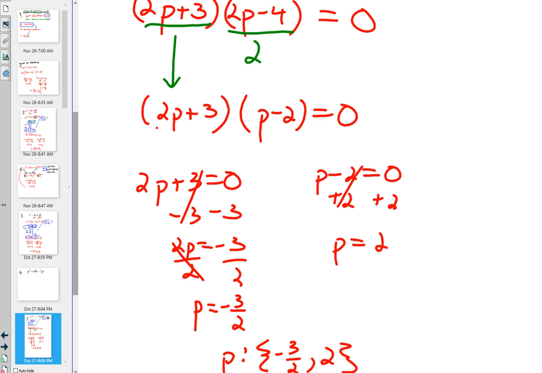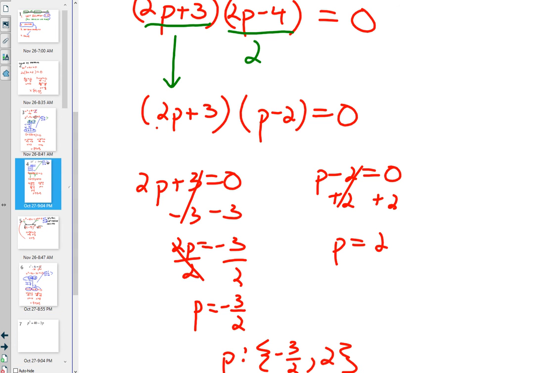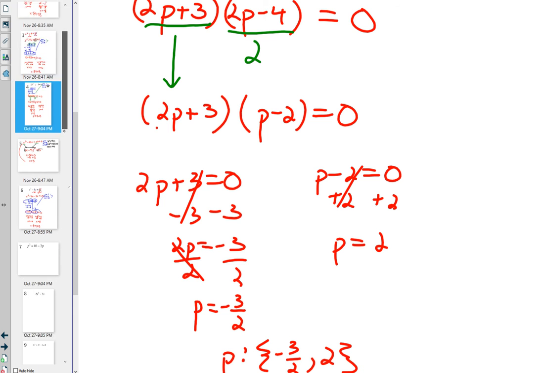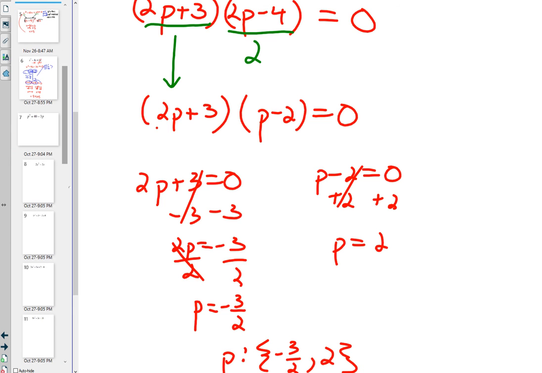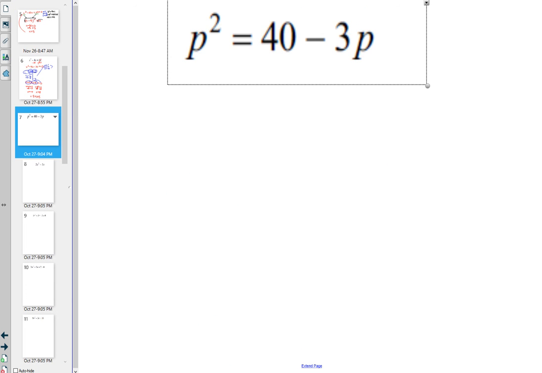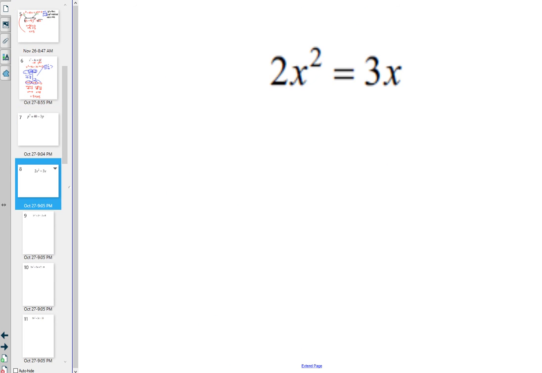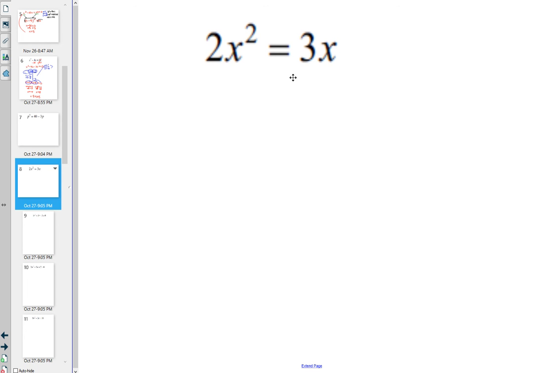It's negative 3 over 2. This one here is so simple that it causes a lot of mistakes.